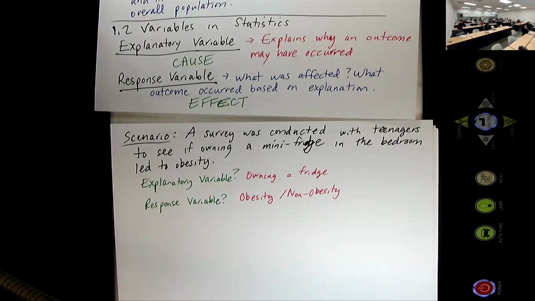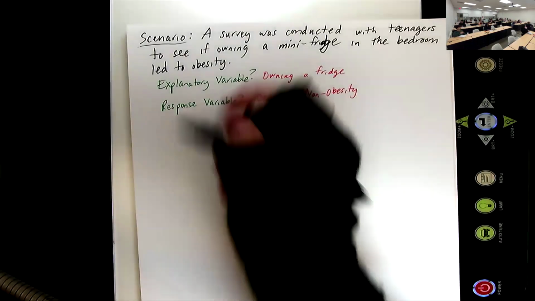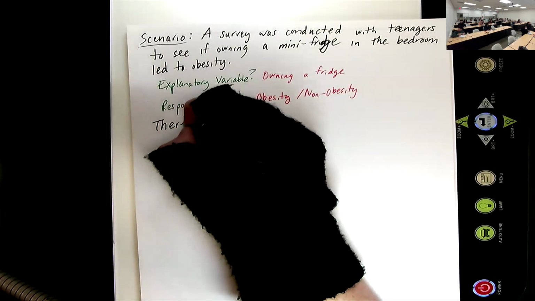Do you think that's a good reason to justify obesity? If the teenager's got a mini fridge, and they decide owning mini fridges affects obesity, does that seem reasonable? No, because it's what you put in the fridge, not the fridge itself. There's other factors in play.